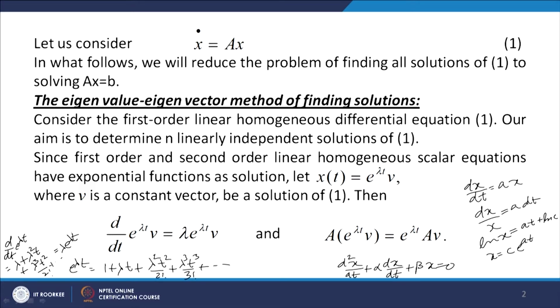So, when you differentiate e to the power lambda t into v with respect to t, where v is a constant vector, what we get is lambda e to the power lambda t into v.